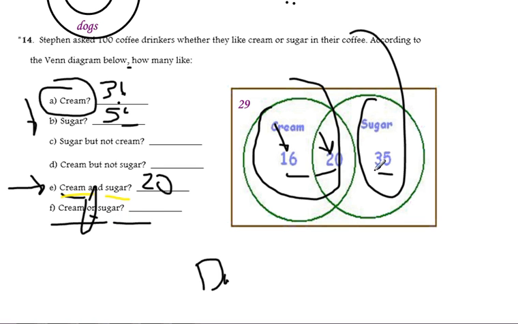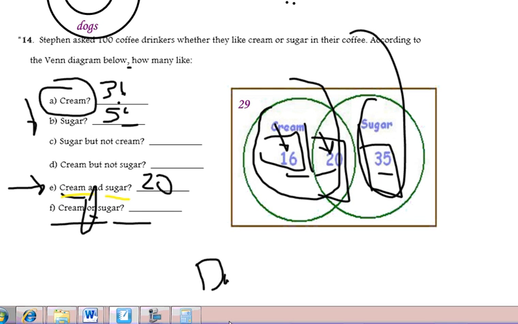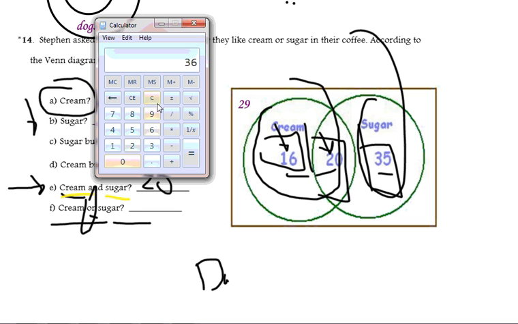Yeah, they like sugar. So you have to add every single person that is inside the cream, sugar, or both cream and sugar circle. So that's going to be the 16, the 20, and the 35, which is your 71. Remember, we had that 16 plus the 20 plus the 35. And that's your 71 people.